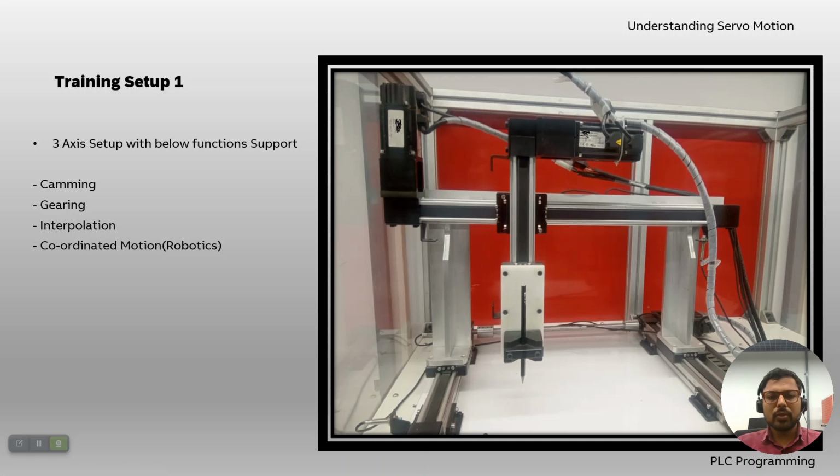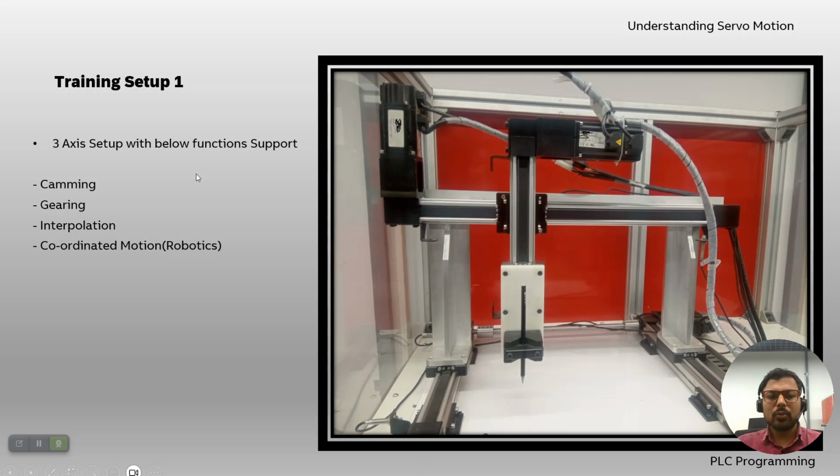And here we will try to understand how we need to do the configuration of the communication protocol, what the parameters are that we need to take care of, and how to decide the ideal scan cycle of the PLC for the motion application.